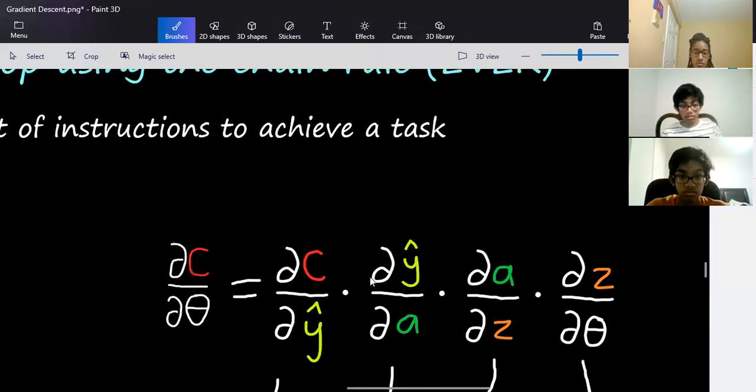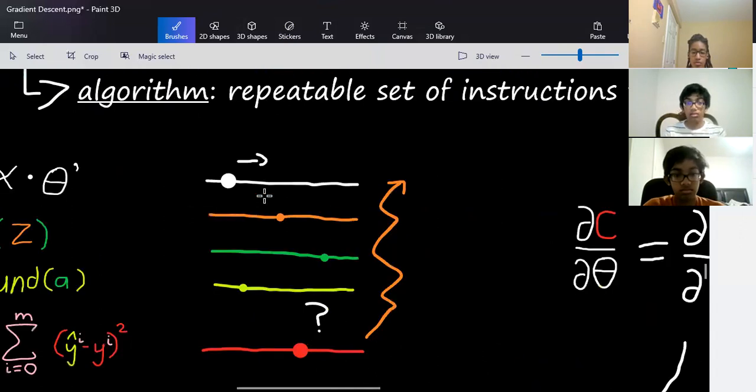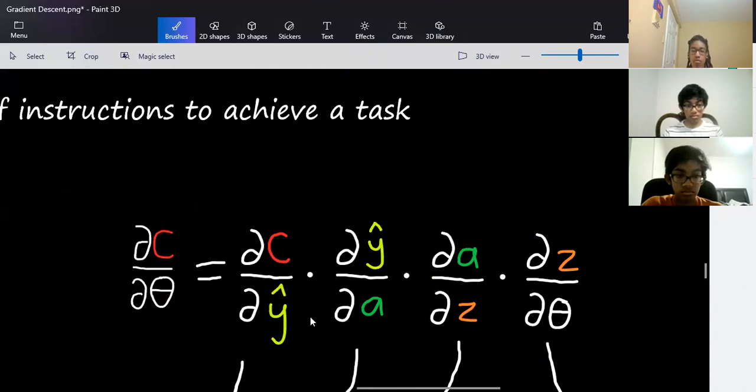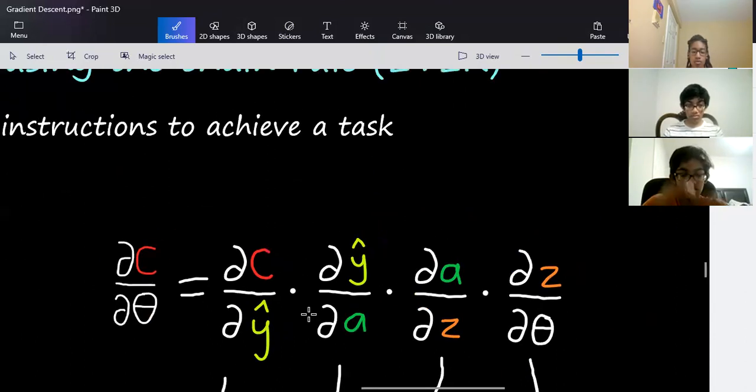Any questions so far? Do you get this concept that we're using the chain rule to get back through all the changes, back propagate through all the changes so that we can figure out, okay, if this changes and we work through all the layers, then what's going to happen at the end? I see a bunch of silent faces.